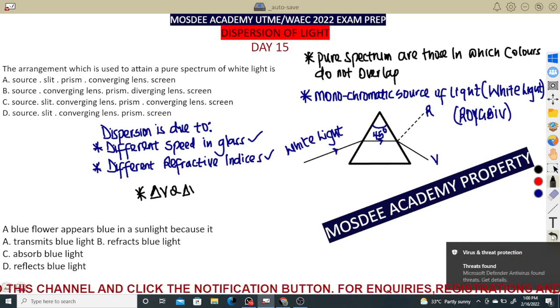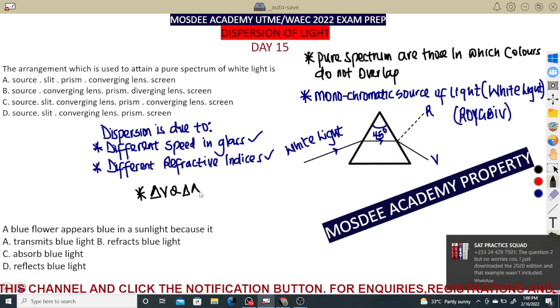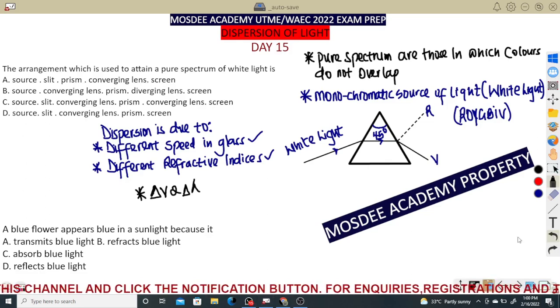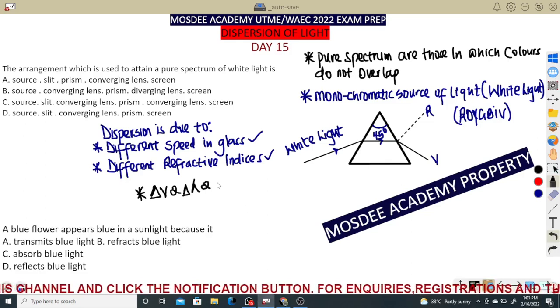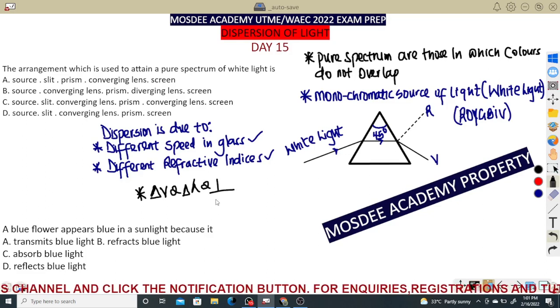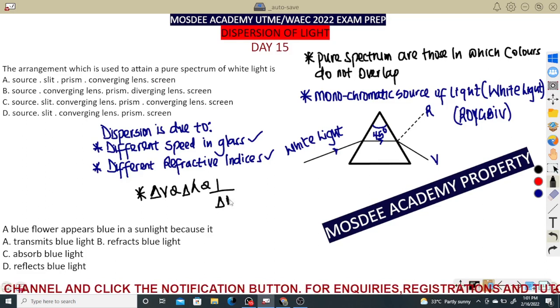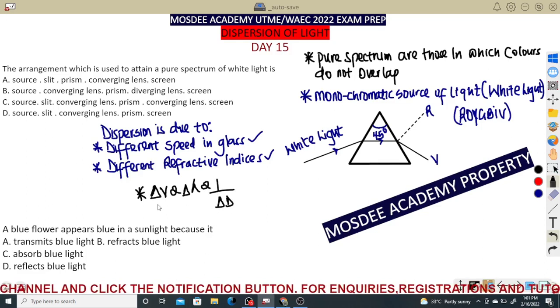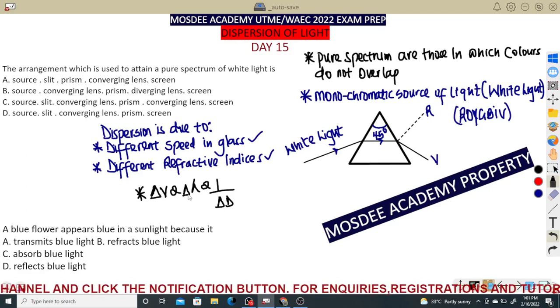You have also learned that in your waves and wave motion. All these things are now inversely proportional to the change in deviation. So change in speed is the same thing as change in wavelength, which is similar to change in deviation, or you say change in refractive index.